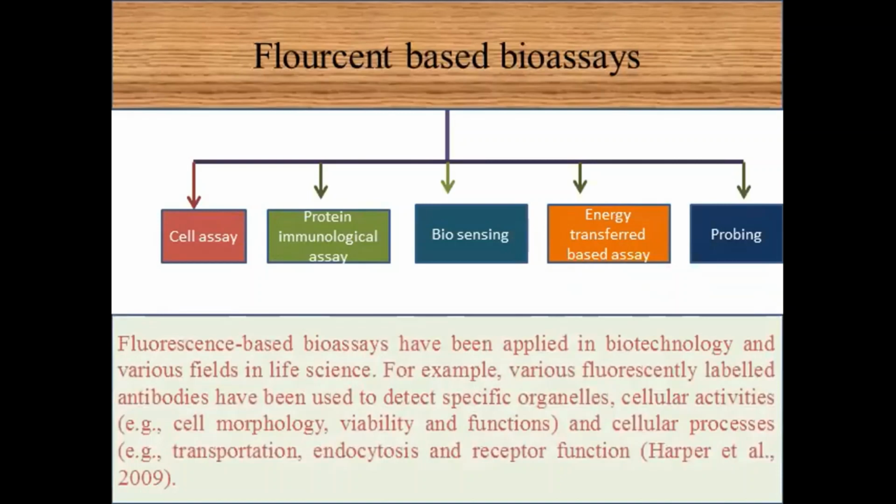So we can say that fluorescent-based bioassays have been applied in biotechnology and various fields in life science. For example, various fluorescently labeled antibodies have been used to detect specific organelles and cellular activities. Cellular activities include morphology, viability, and function, and cellular processes, for example, transportation, endocytosis, and receptor functions.